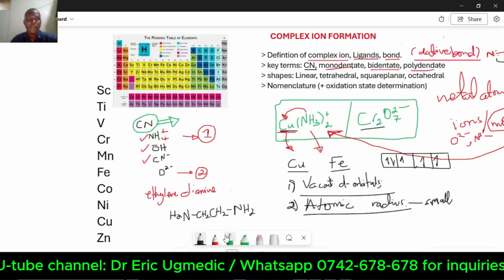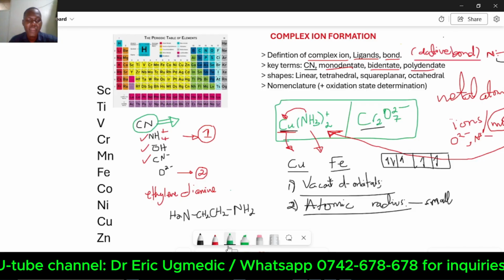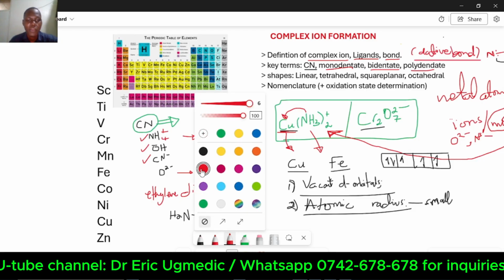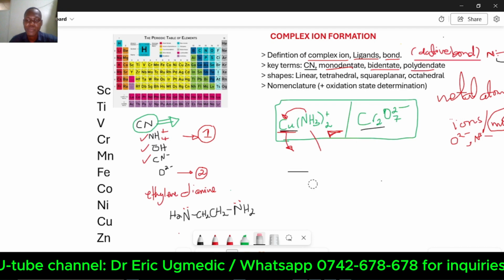It's because it will form two coordinate bonds with the central atom. But how do these two bonds actually come about? You see that we have two nitrogen atoms, both of which have lone pairs of electrons. Whenever they are in a bond, this one will donate and that one will also donate, forming two bonds. I'll write here to illustrate.